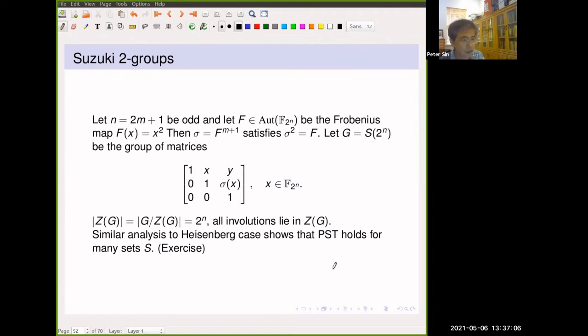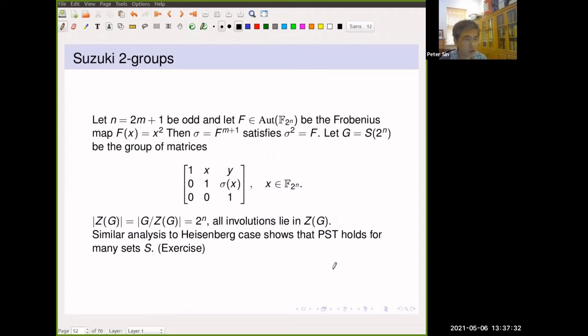Okay. So the third example I want to look at are what are called Suzuki 2-groups. The ones I'm talking about here are the Sylow 2-subgroups of the famous simple groups discovered by Suzuki.